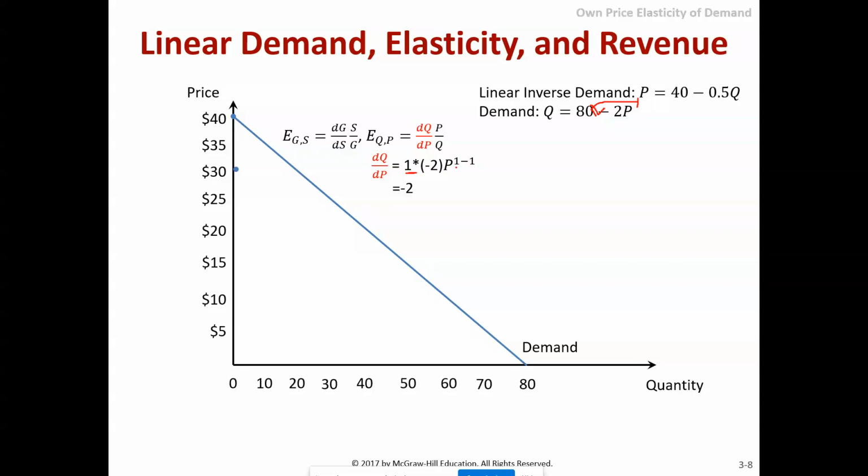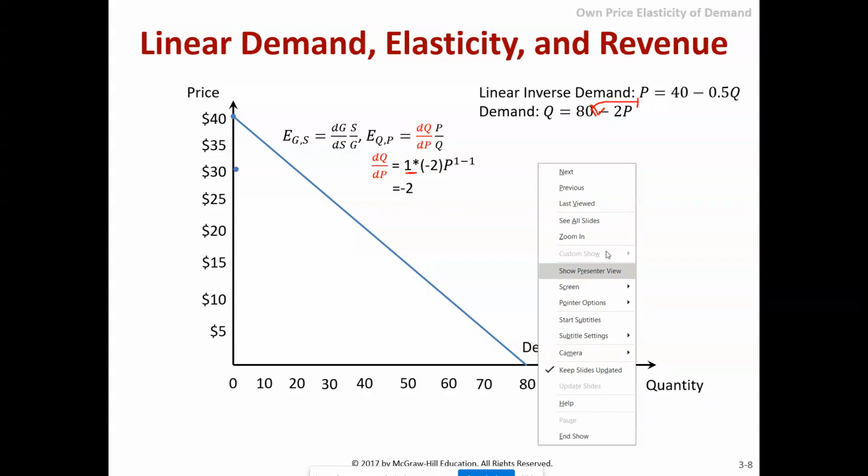Any variable to the power of 0 is 1. So it is negative 2. So the derivative of Q with respect to P is the slope in front of it, negative 2, or the inverse of the slope of the inverse demand function. The inverse of negative 0.5 is negative 2.